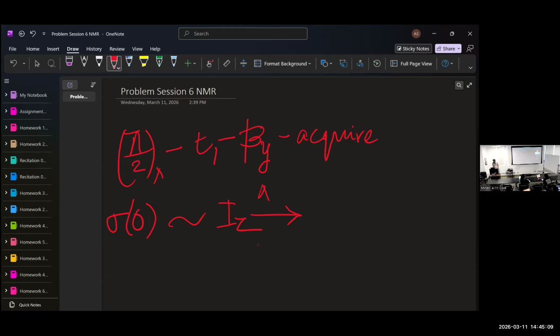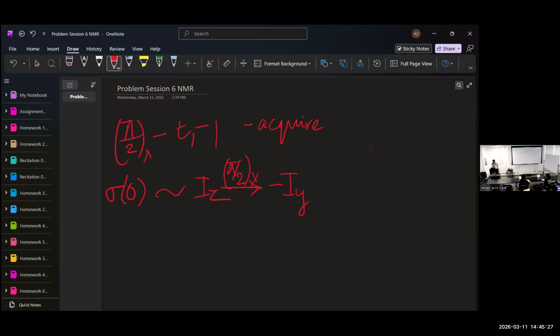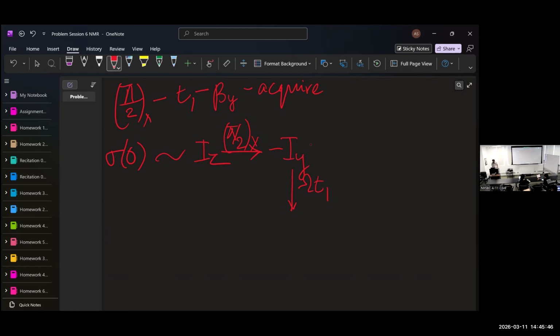Then I apply a 90x pulse. What does that give me? Minus Iy. In the delay t1, what are the two evolution forms that we see? Chemical shift and scalar coupling. Let's take it one step at a time.